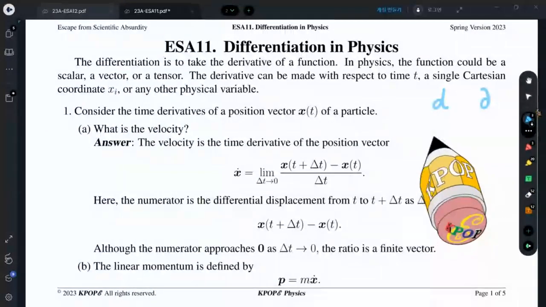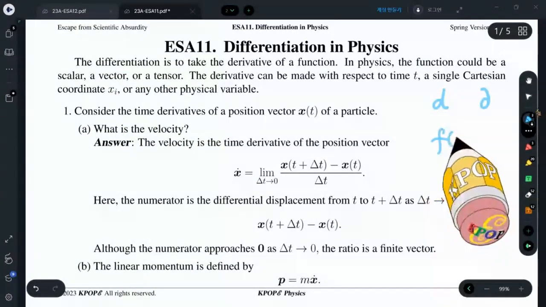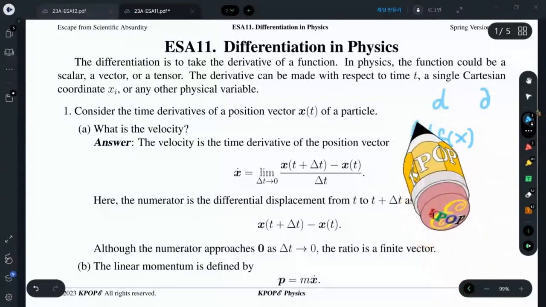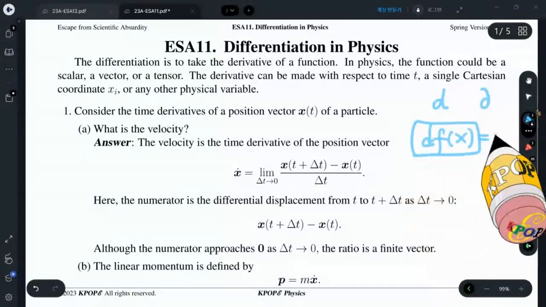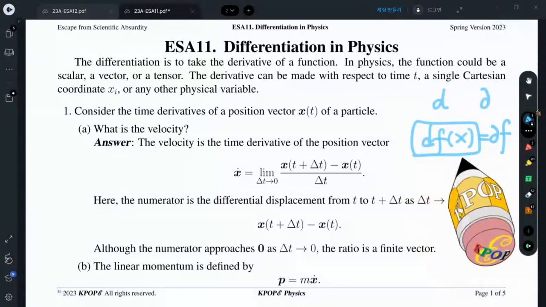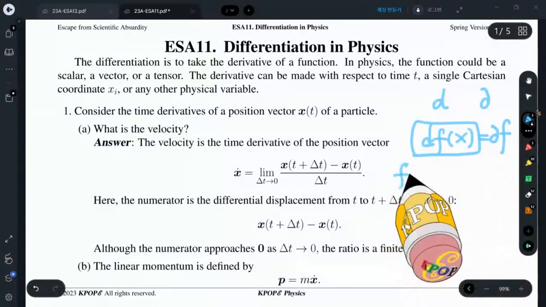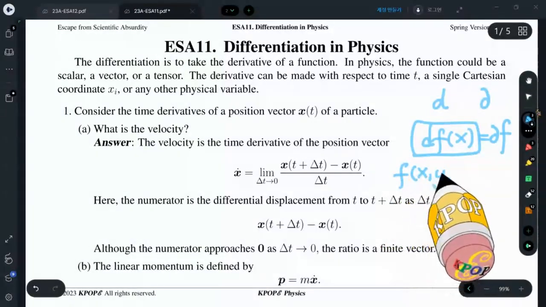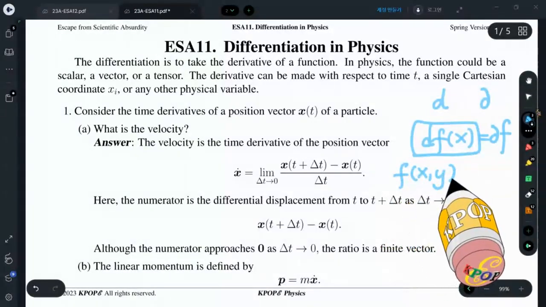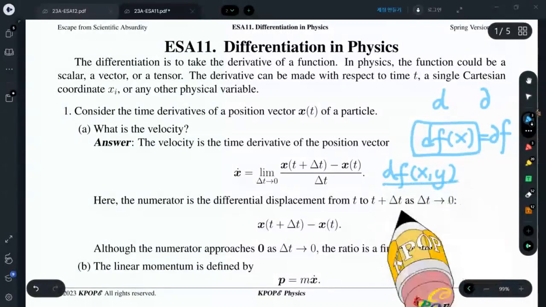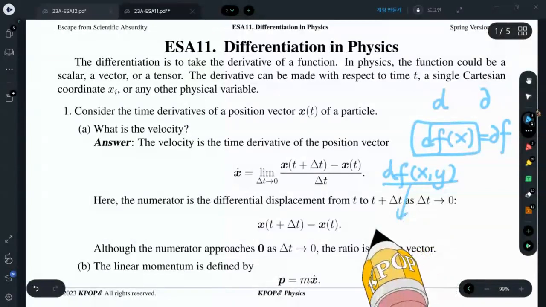If a function is depending on a single variable, this is identical to this. However, if a function depends on two variables, this one is using chain rule.